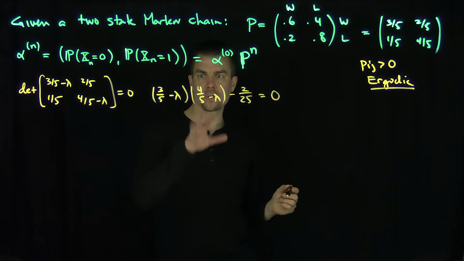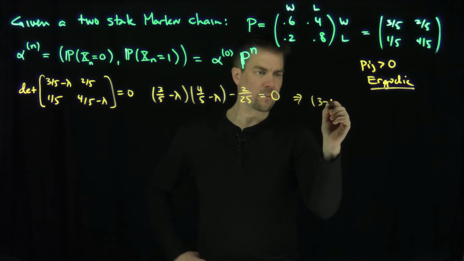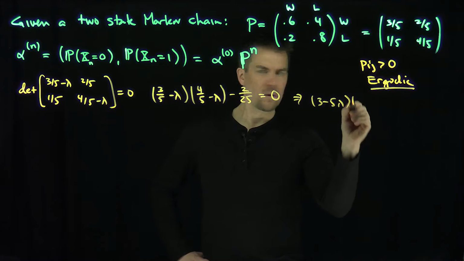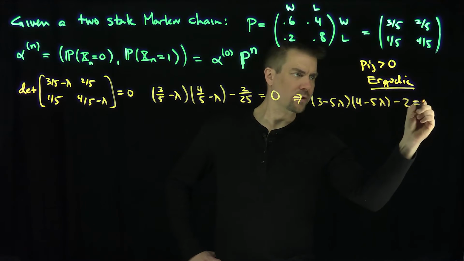I'm going to multiply everything by 25 to make my life easier. This turns into (3 minus 5 lambda) times (4 minus 5 lambda) minus 2 equals 0.